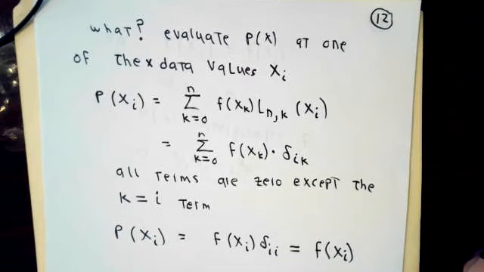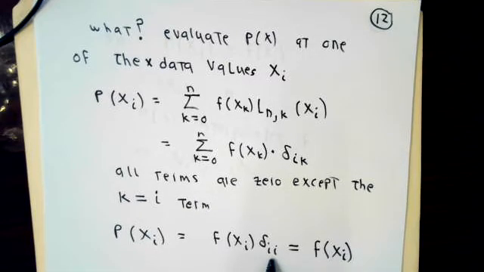So the only non-zero contribution you could conceivably have is going to be f at xi times Kronecker delta ii. But remember, when the indexes are the same, the Kronecker delta is 1. So this is f at x number i times 1, which is f at x number i.